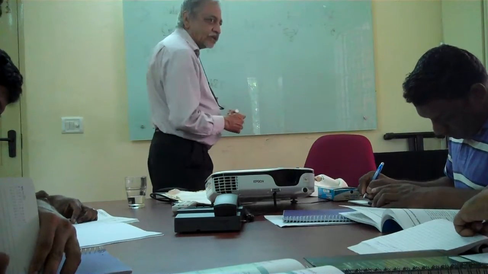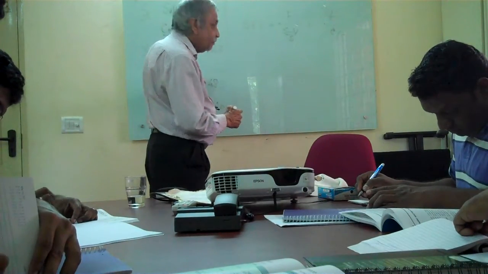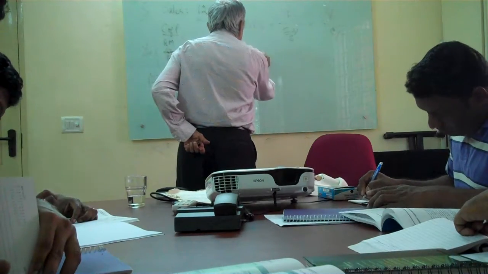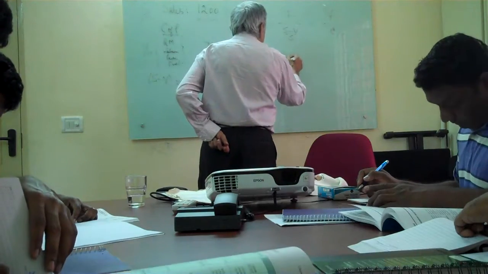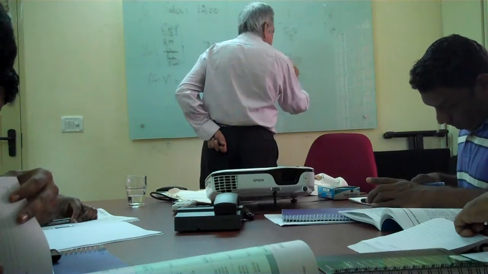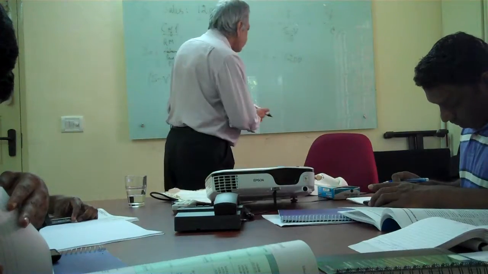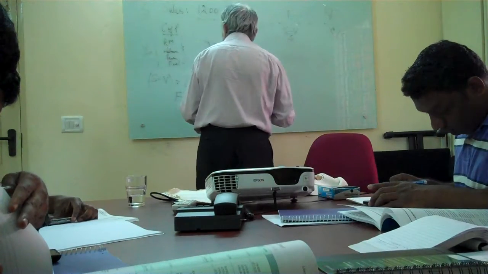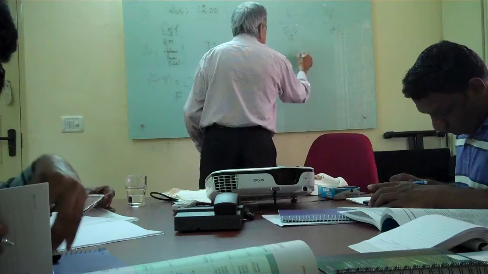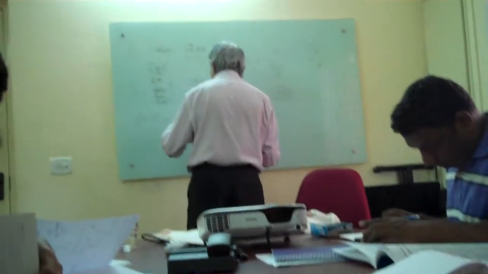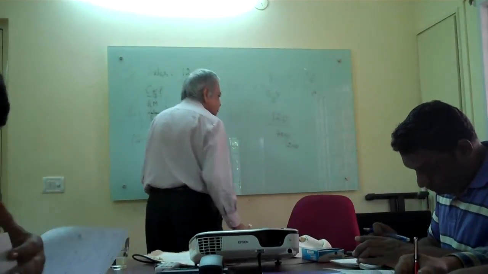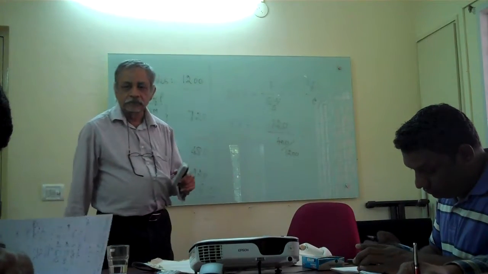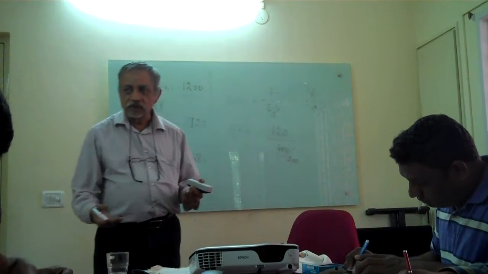I will do it in my balance sheet. BES in my balance sheet is equal to F, which is 120, divided by contribution, which is 480, divided by total sales, which is 1,200. Just one step, that's all.